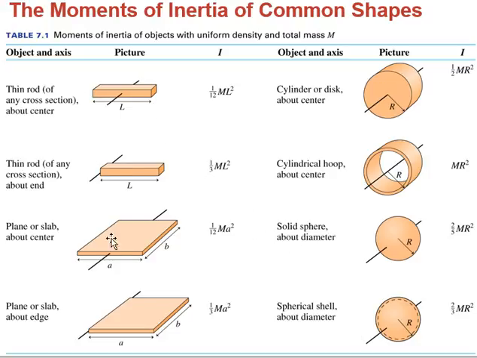They have gone to the trouble of figuring out the moment of inertia if the axis of rotation is at these different locations. So for instance, for a thin rod, if you're rotating it about a line in the center, then the moment of inertia is 1/12 mass times its length squared.